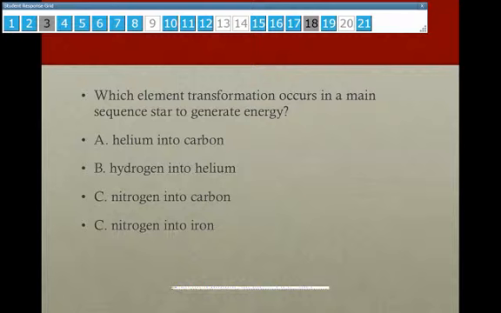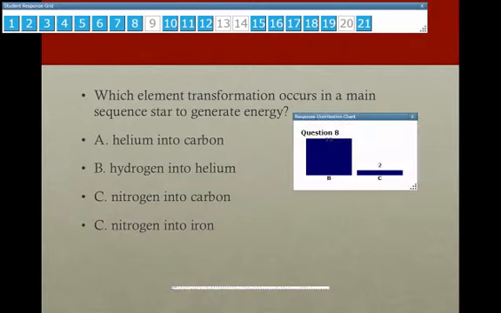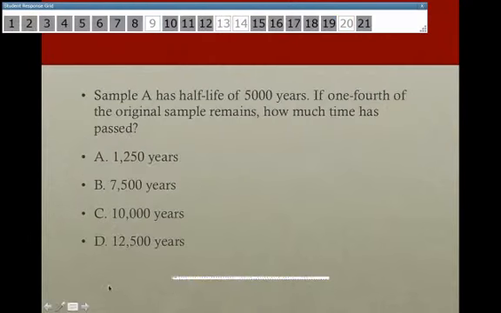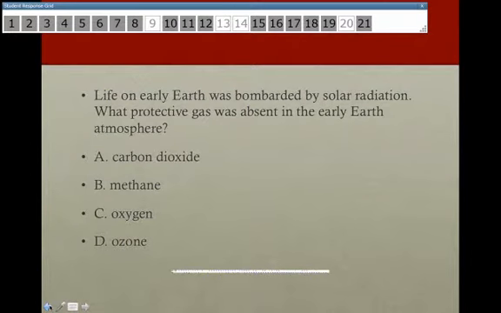The answer is B. Hydrogen to helium first. B. Hydrogen to helium.